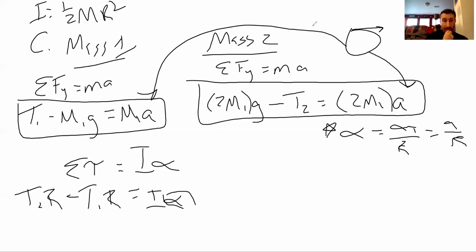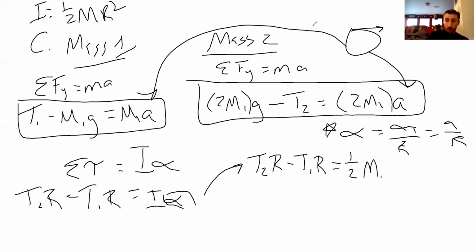Okay, so let's plug in here. I'm running out of room. I'm going to plug into this equation over here. I've got T2R minus T1R equals, I is this, 1/2 the mass of the pulley times the radius of the pulley squared.